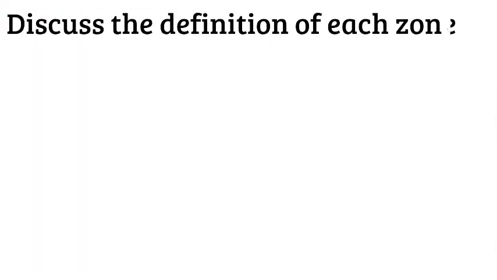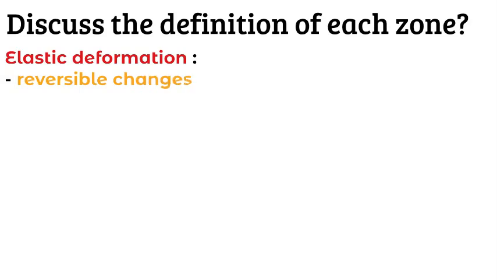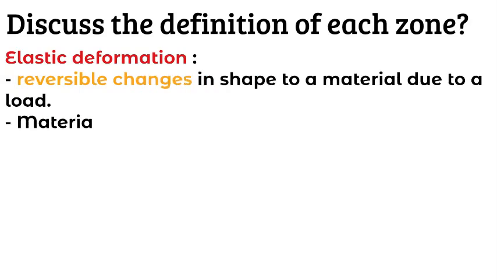Discuss the definition of each zone. For elastic deformation, it is a reversible change in shape to a material due to a load.